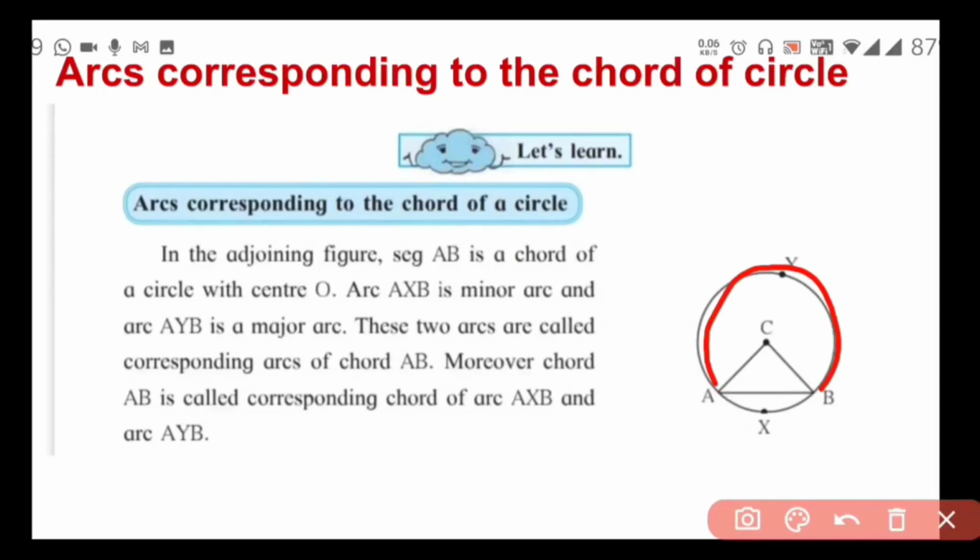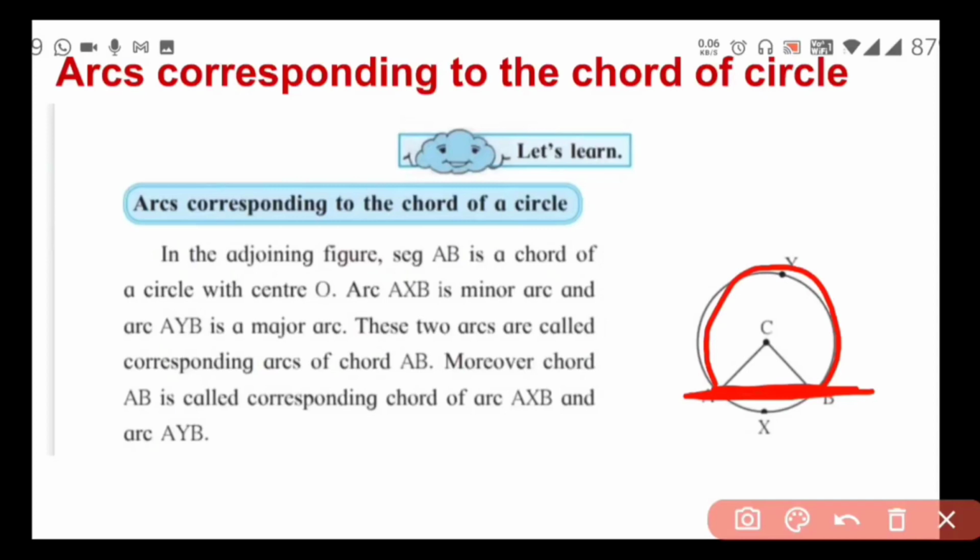So we can see due to this chord AB, the circle is divided into two arcs, major arc AYB and minor arc AXB. So these two arcs are called corresponding arcs of chord AB. Moreover, chord AB is also called corresponding chord of arc AXB and arc AYB.